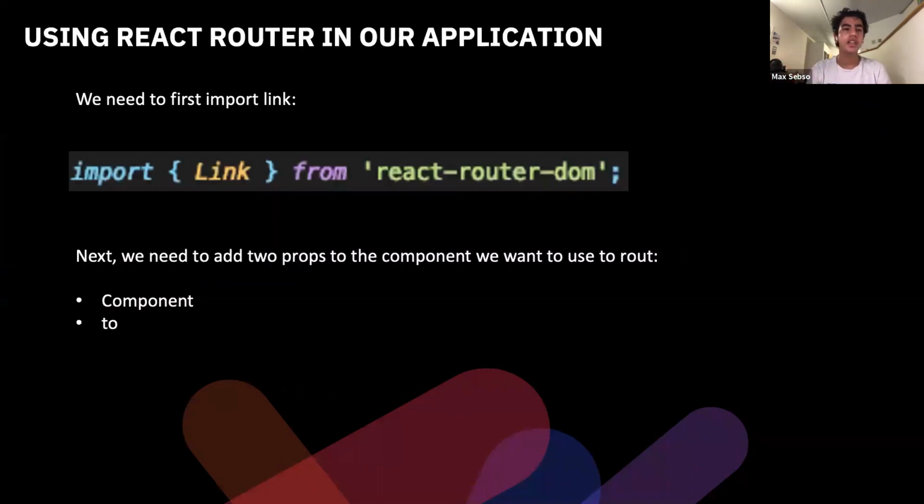So what we need to do is first import a specific component from the React router library, which is link. What link allows us to do is link between two components. The two props that we're going to need to use in our button are the component prop and the to prop, and we'll see what they are in a second.